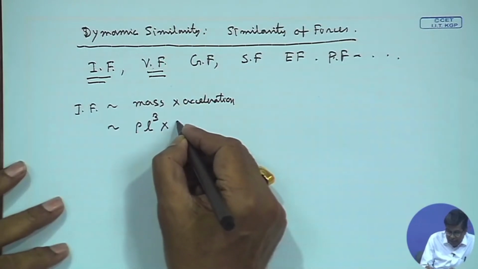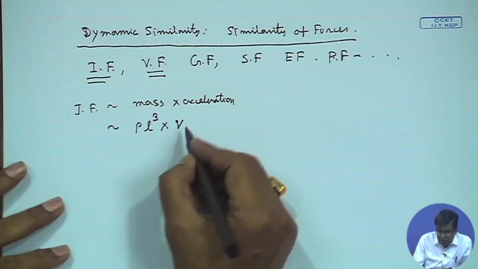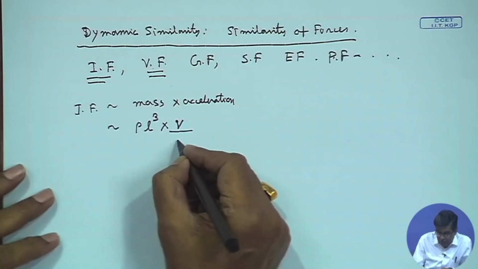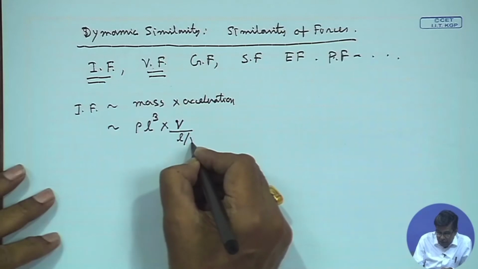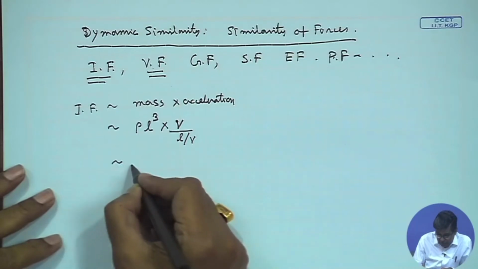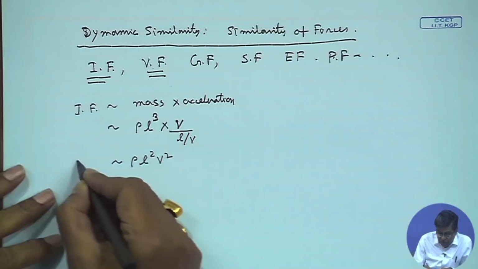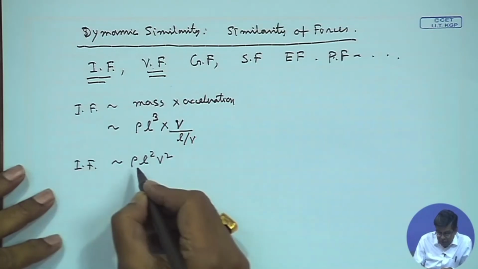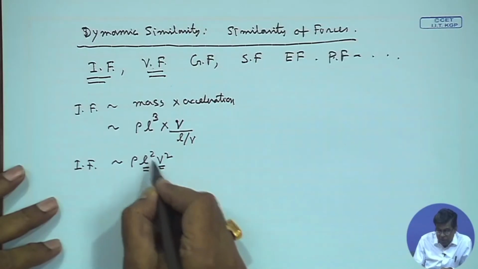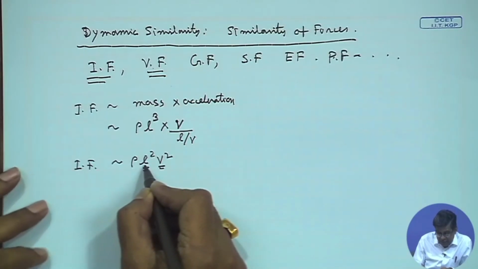If we take the characteristic velocity as V, acceleration is V divided by the time, and time we can write in terms of L by V. So this becomes rho L square V square. Therefore, we can scale inertia force in terms of characteristic length and characteristic velocity as rho L square V square, where rho is the density of the fluid, L is the characteristic length and V is the characteristic velocity.